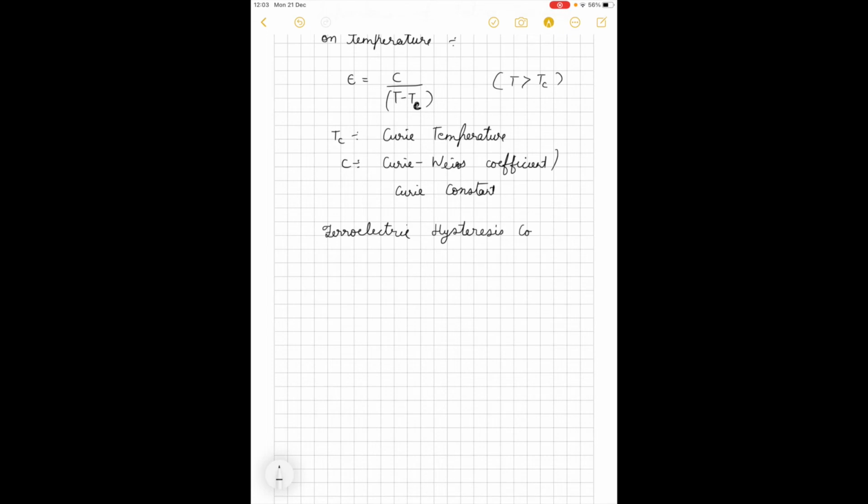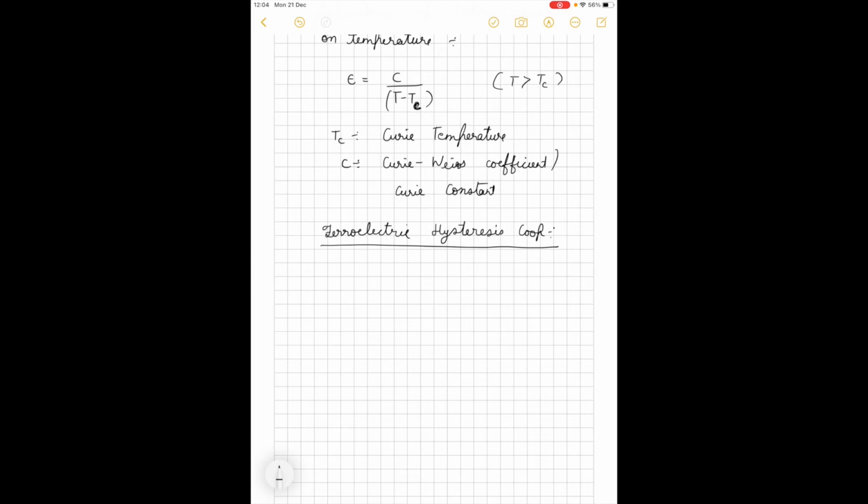Okay, so now the ferroelectric hysteresis loop. Basically, this hysteresis loop is a plot, a graph, which shows the dependency of polarization or the dielectric displacement D, which I introduced in the previous lecture, on the electric field.